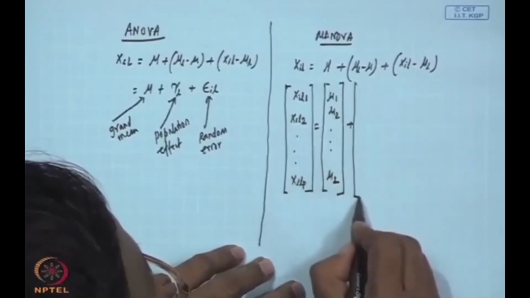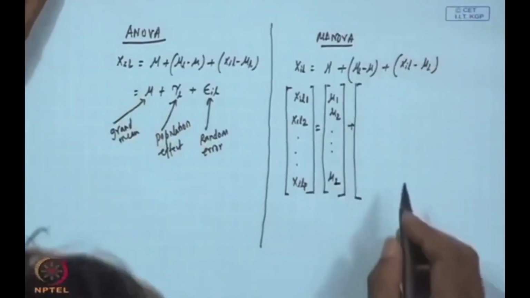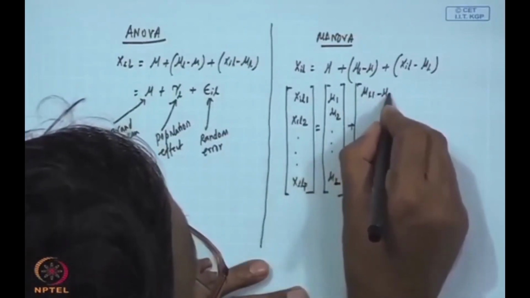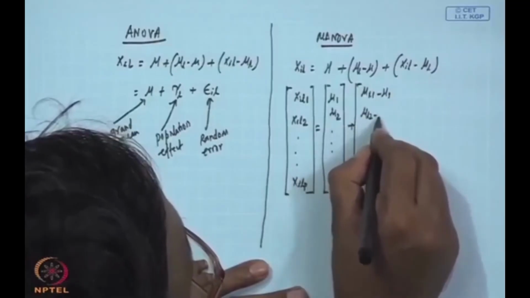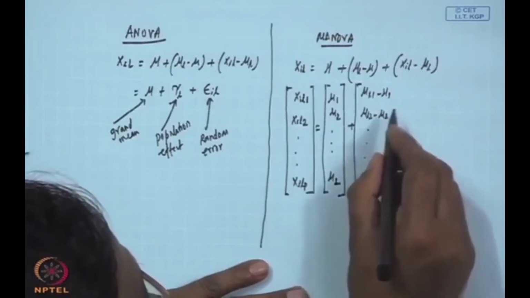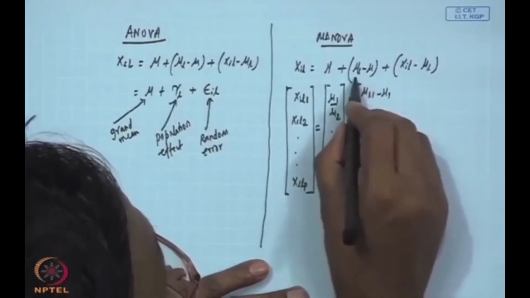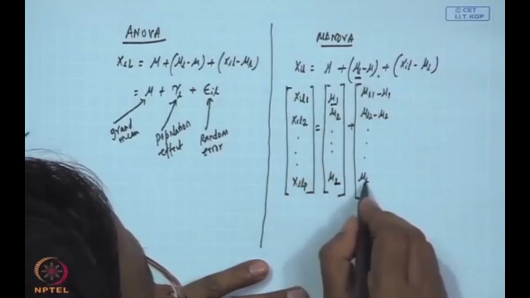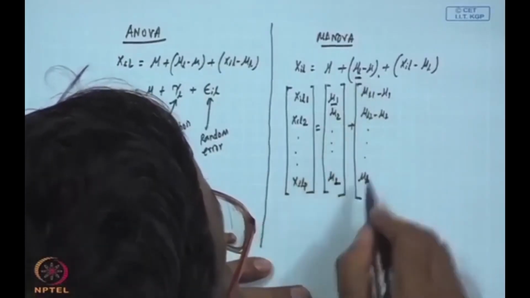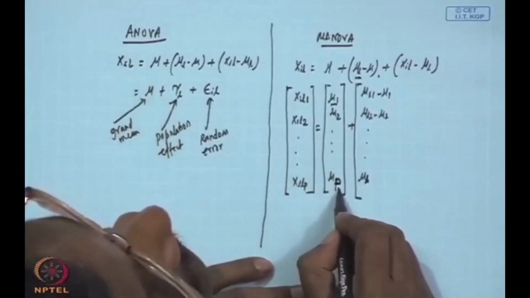plus mu L1 minus mu 1, mu L2 minus mu 2, in the same manner up to mu L. So, in all cases L will be there, and then in every case, this is mu 1, this is mu p, not mu L, please write down this one as mu p.